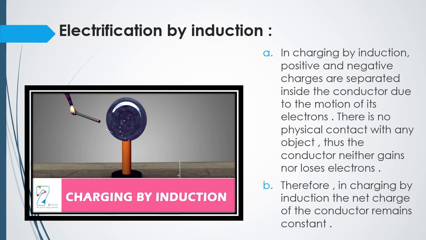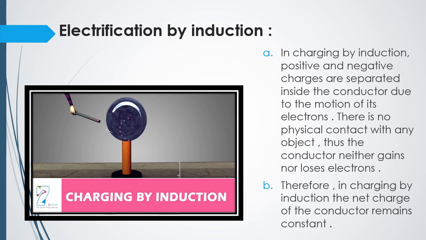We only approach it to the conductor. So there is no transfer of electrons from the conductor to the rod or vice versa. We only have a distribution of the charge. Here we separate the positive charge from the negative charge.